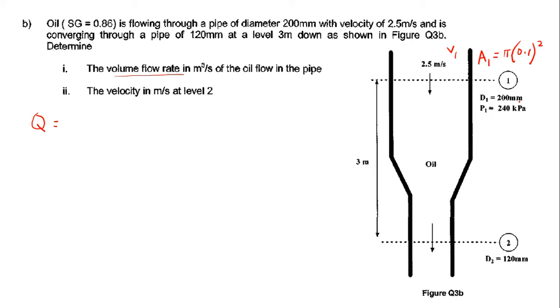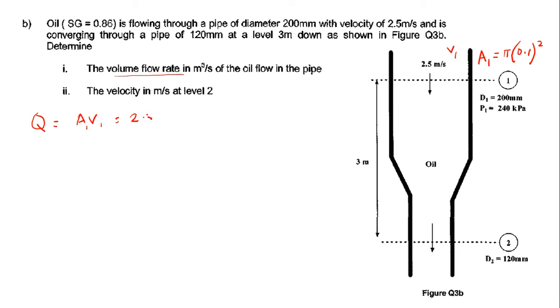This is 200 millimeters, so it's 20 centimeter, divided by 2 is 10, then it is 0.1 square. So you have your A1, you have your V1, so you can find your volume flow rate again. Just multiply A1 and V1.